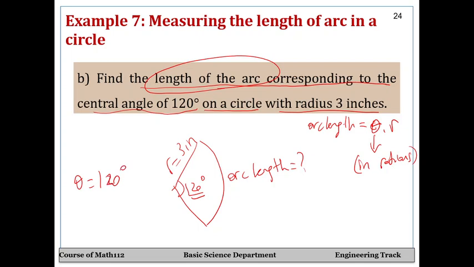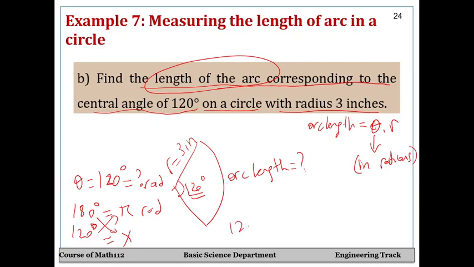So how can you write it in radian? So you have to find this one. Okay, I can do this: 180 degrees is pi radians. And now 120 degrees is how many radians? So I can do this product.